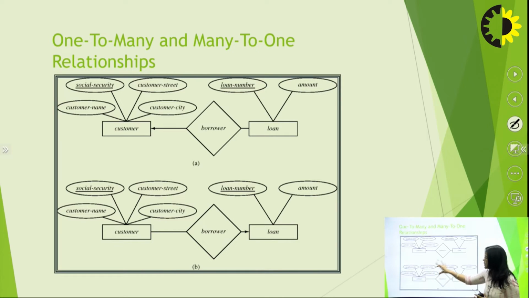Many customers are involved in a single loan. Here we are showing a customer may have more than one loan. So there is a difference between the basic concepts, right? Here we are showing a customer can have more than one loan. Here we are showing many customers can have a single loan, right?